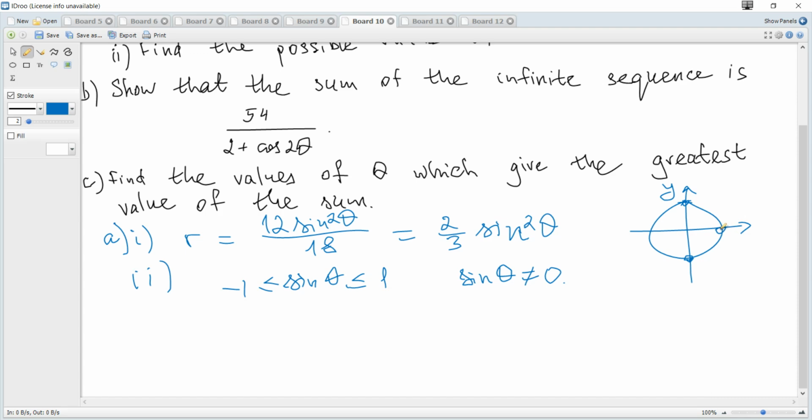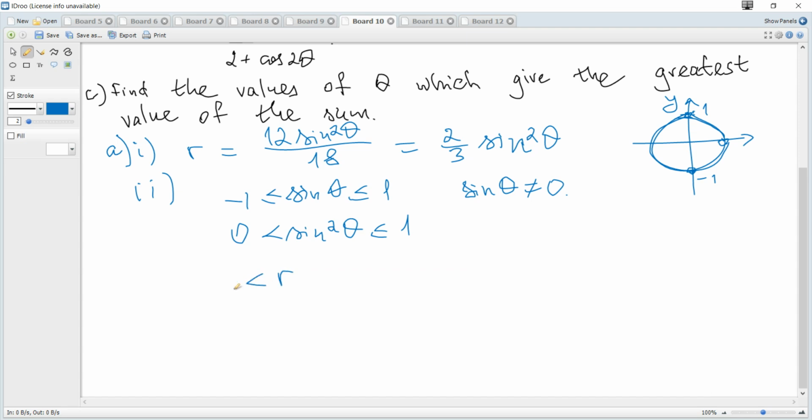It's because theta changes from 0 to 2 pi, a complete revolution. So the y coordinate changes from -1 to 1 except 0. And then sine squared of theta changes from 0 excluded up to 1 included. Hence, r changes from 0 excluded up to 2/3 included.